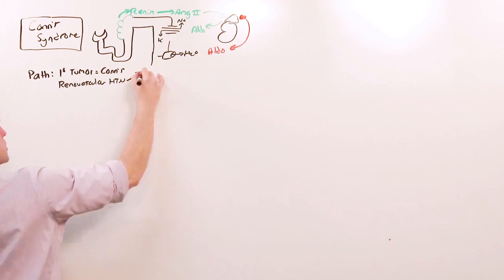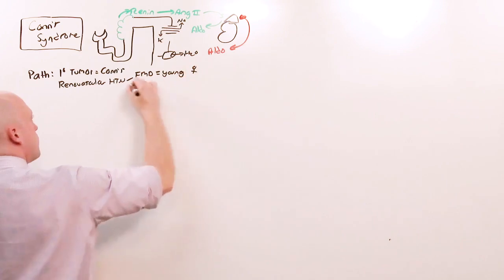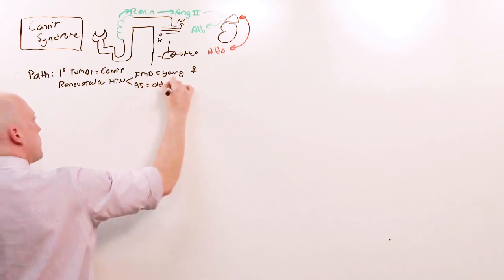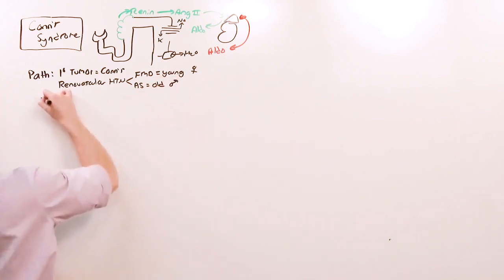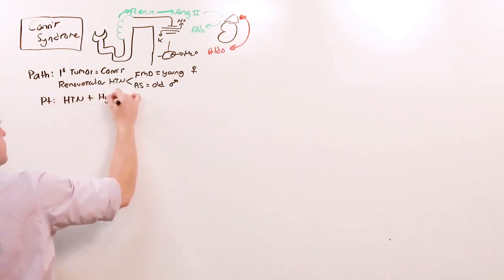That is fibromuscular dysplasia, which is the young woman, or atherosclerotic disease in the old man. And the patient is going to present with hypertension and hypokalemia.